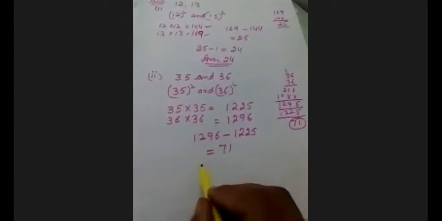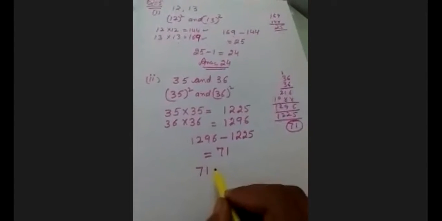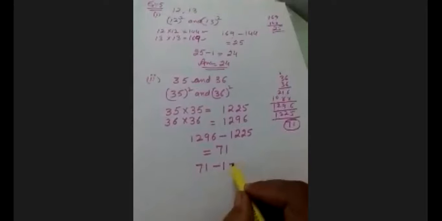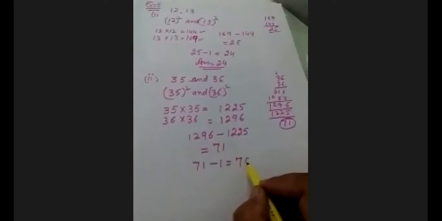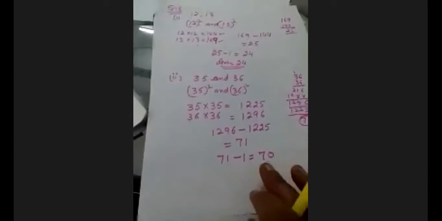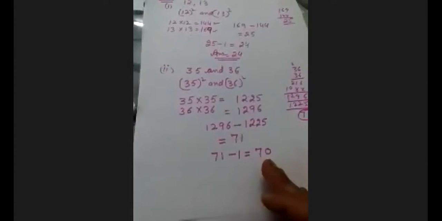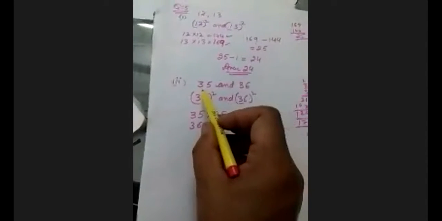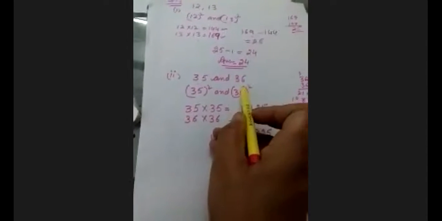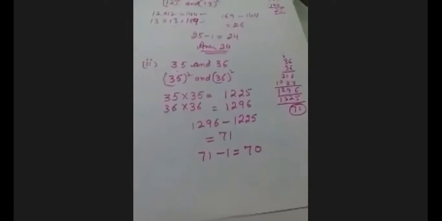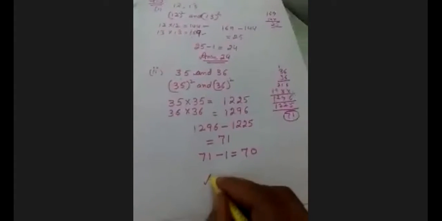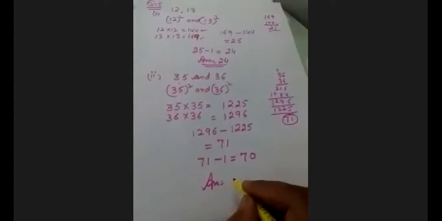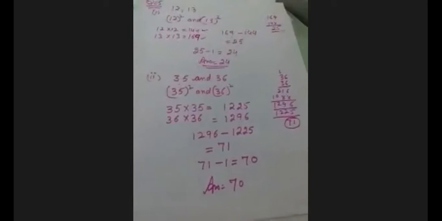Again, the rule is 71 minus 1 is equal to 70. So there are 70 natural numbers between the square of 35 and 36. So your answer is 70.